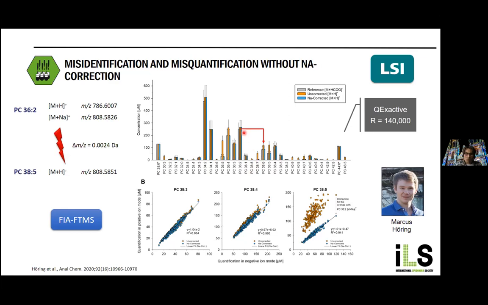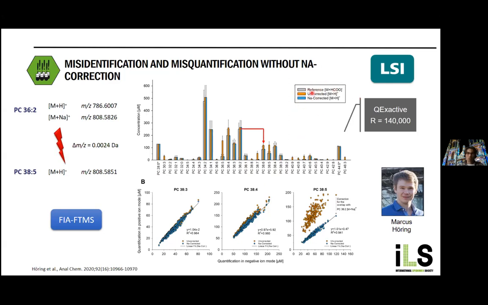You see the mean values here, and without correction in positive ion mode you would have an overestimation, for instance here for the PC 38:7, because this results from the PC 36:3 and so on. Applying that kind of correction algorithm, you can really match the references.